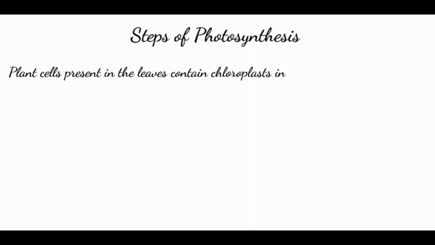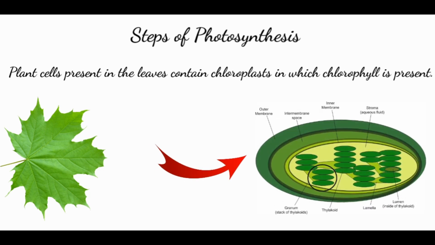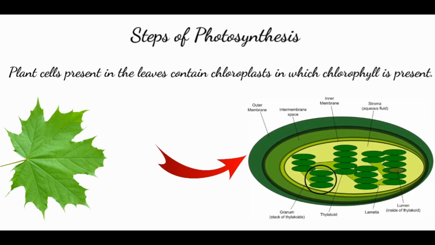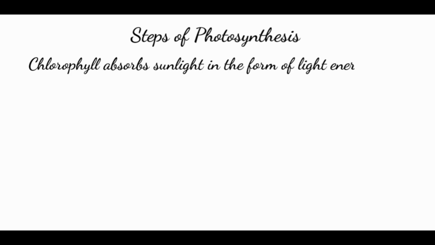Let us look at the stages of photosynthesis. Plant cells present in the leaves contain chloroplasts, in which chlorophyll is present. Chlorophyll absorbs sunlight in the form of light energy.